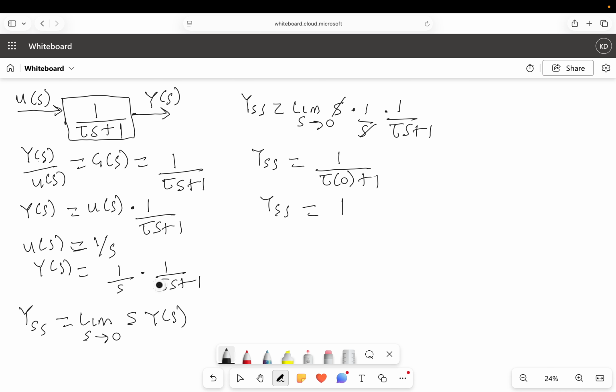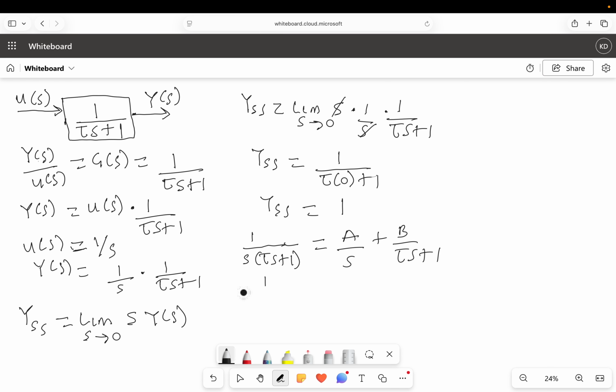I need to use partial fraction decomposition in order to have it in parts that I can actually find the inverse Laplace transform of. So for 1 over s into tau s plus 1, I can decompose it into A over s plus B all over tau s plus 1.